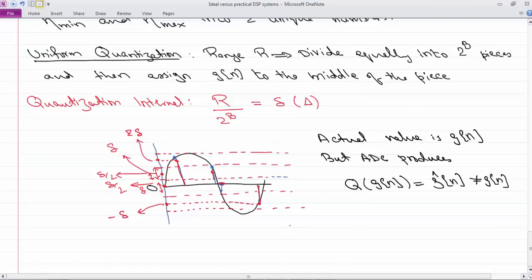Now, what is the maximum error between the truth and what the ADC records? What can be the maximum error?